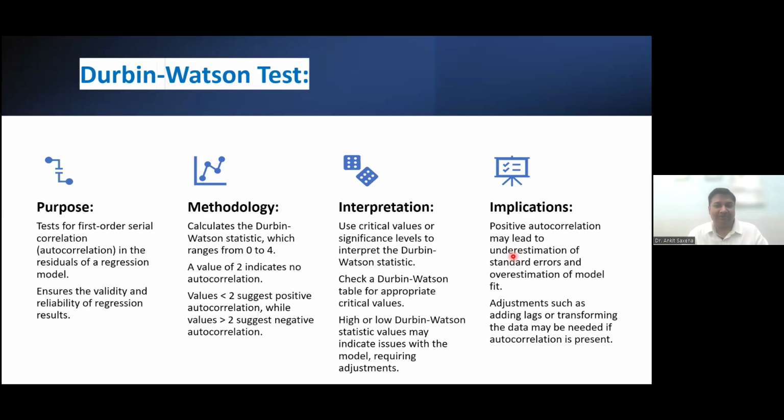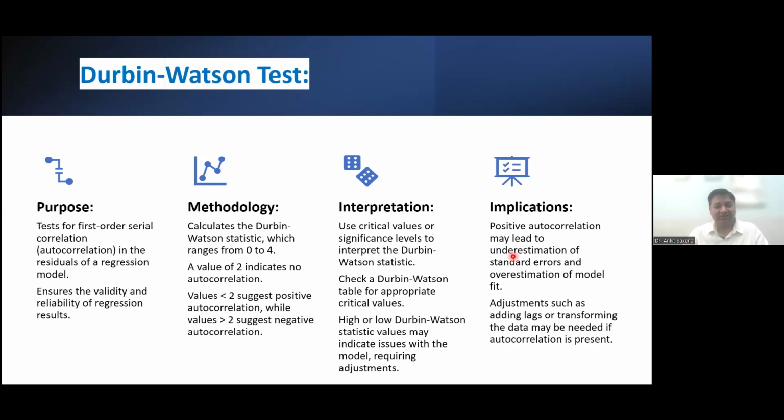And standard error plays a very important part in forecasting, because it tells you what level of error you may have in your forecasts. So if you have a high level of positive autocorrelation in your residuals, the standard error will be underestimated and the model fit will be overestimated.